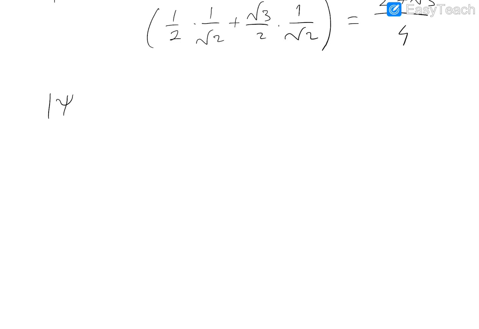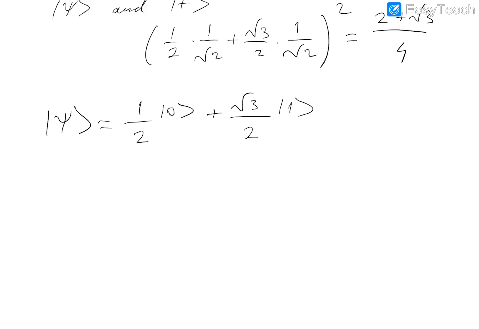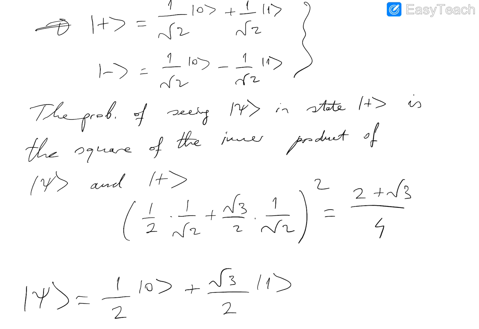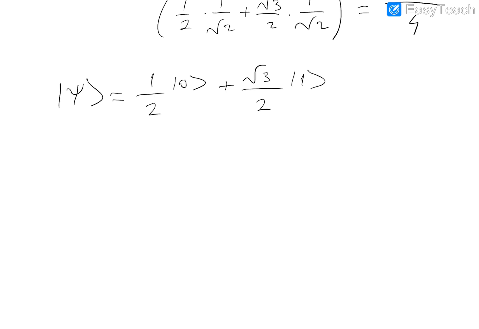So psi in the canonical basis is given as 1 over 2 ket 0 plus square root 3 over 2 ket 1. All right, but then suppose that we want to write psi in the sign basis, in the plus minus basis. So how do we do that?